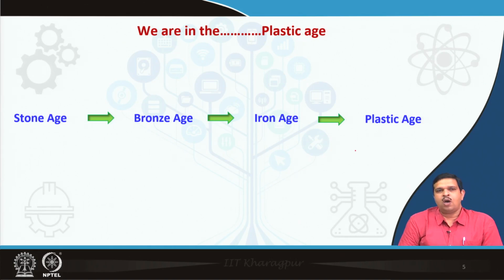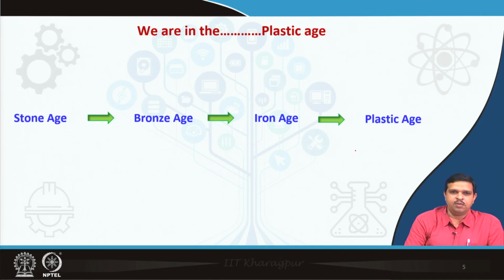Now there is no doubt that we are in a plastic age, because even if you check your bag, your belongings, I am 100% sure you would have multiple gadgets or equipment or items with you at this moment.